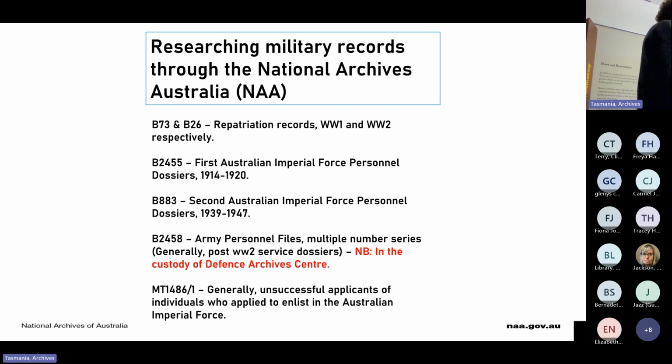So they're not actually held in our custody with the National Archives. You can apply to the Defence Archives Centre if you are the individual who the record relates to, or if deceased, their immediate next of kin. However, we can talk about that a little later.